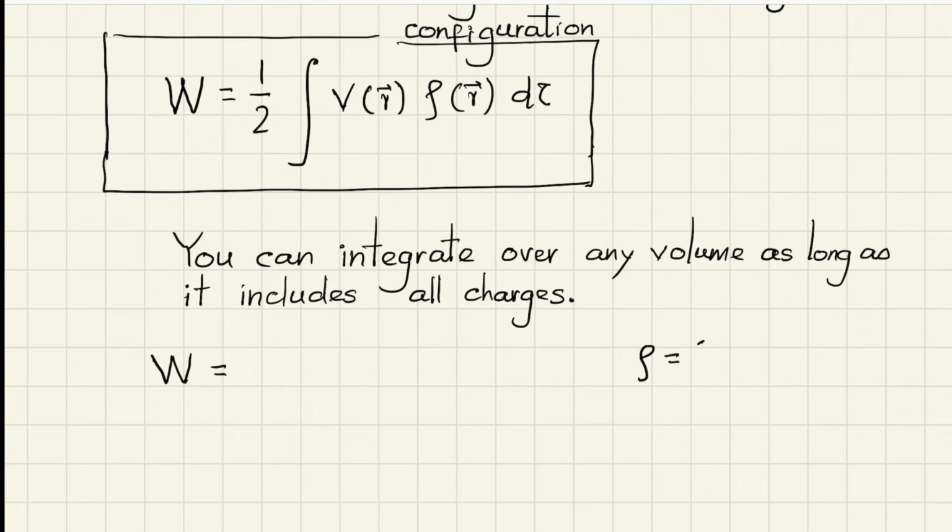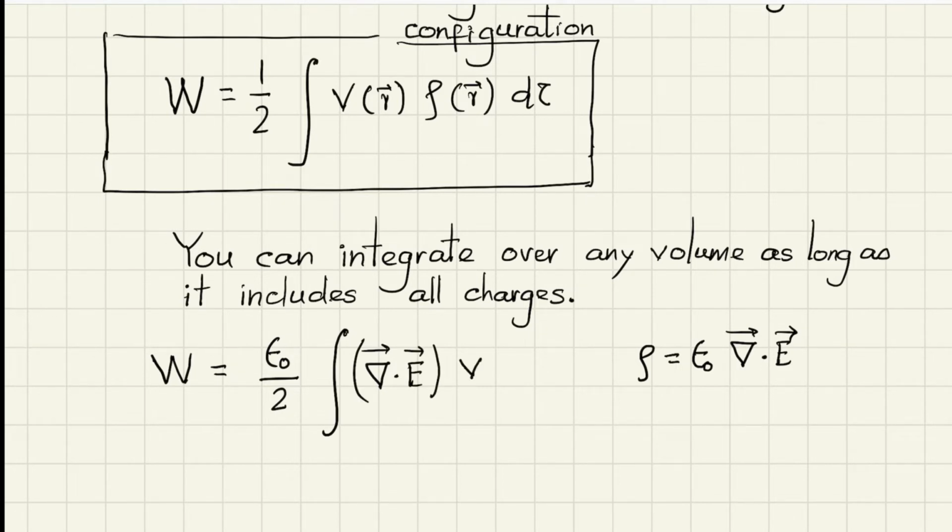We already know that ρ is epsilon naught times the divergence of E. Hence, I can change the above formula to epsilon naught by 2 times the integral of divergence of E times V dτ. So I've replaced ρ by this.